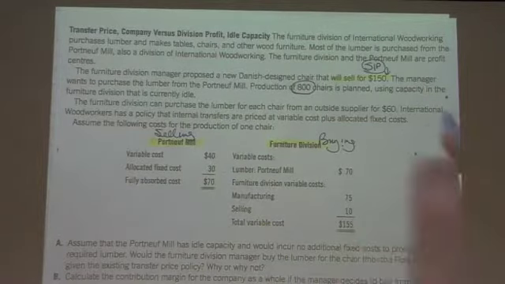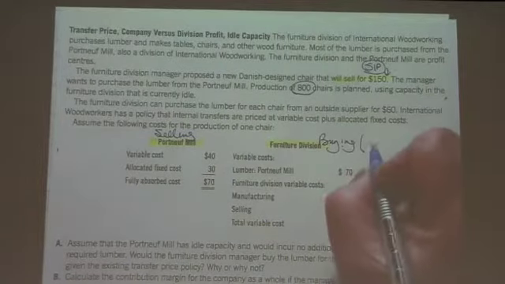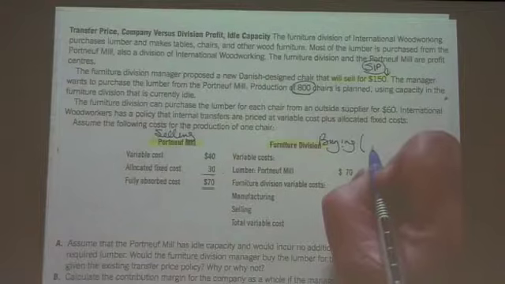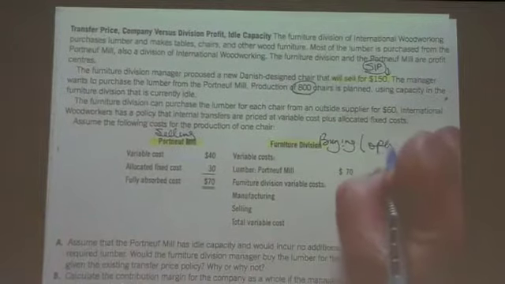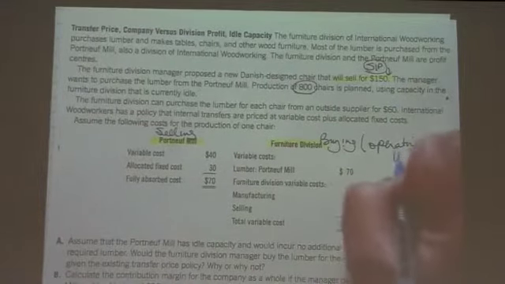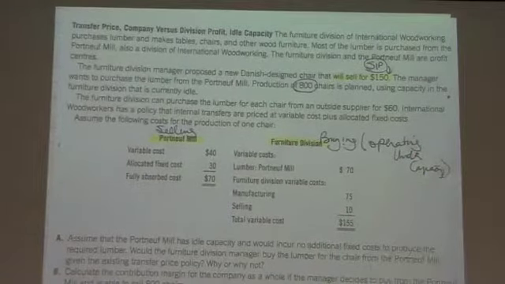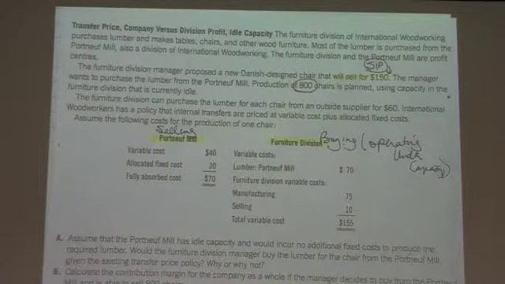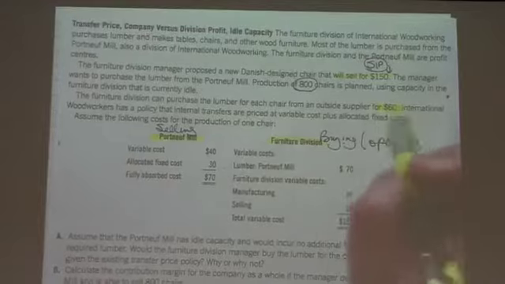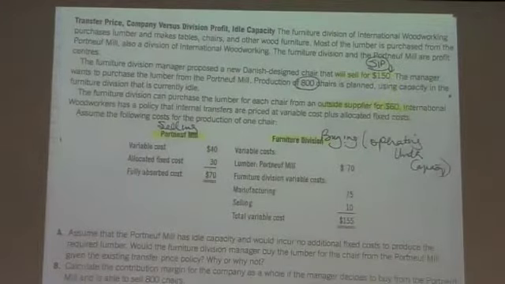So they have extra capacity, they're operating under capacity. Now, the furniture division can buy the lumber from an outside supplier for $60. So this would be the market price for the material.